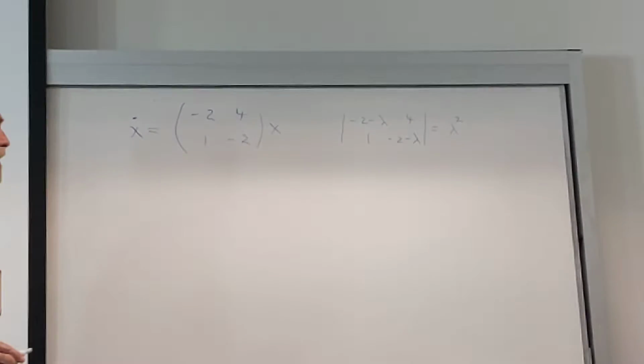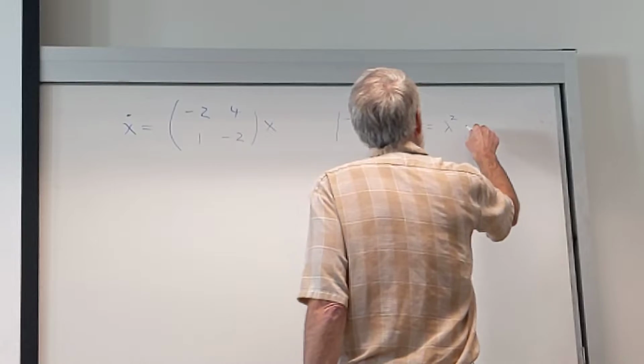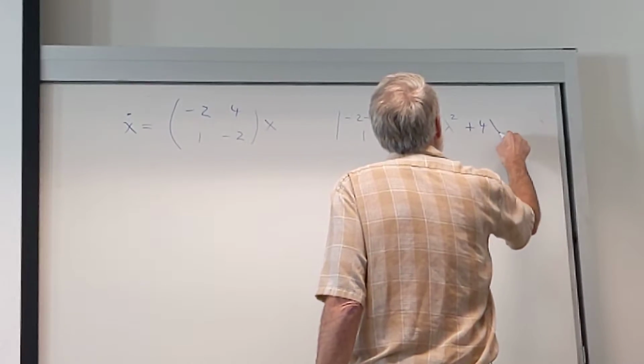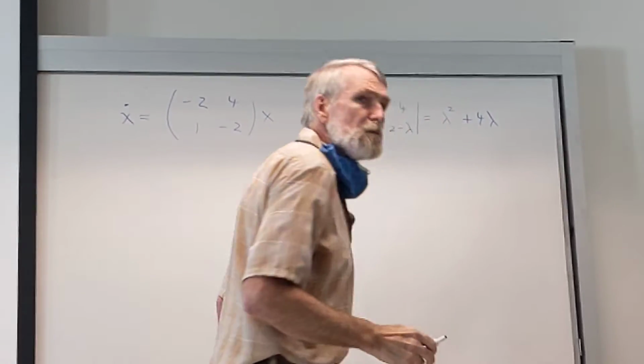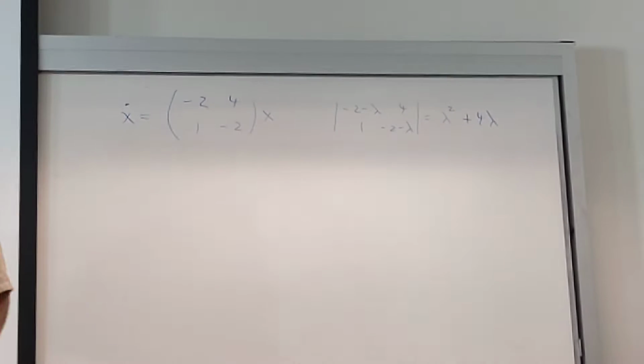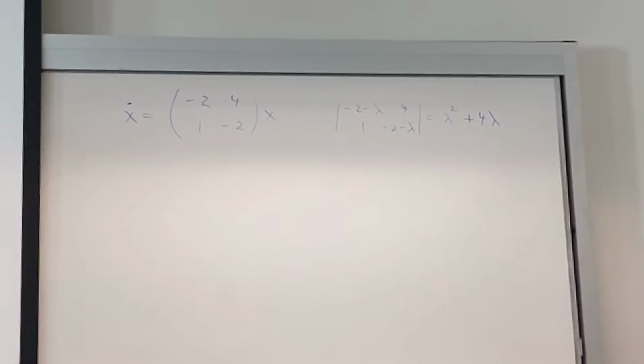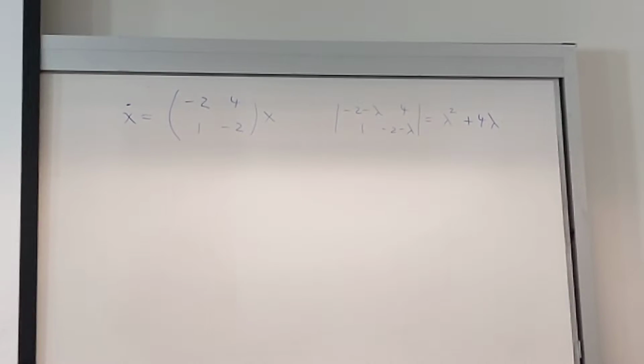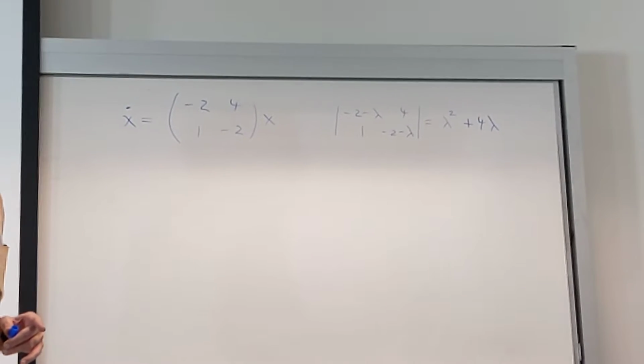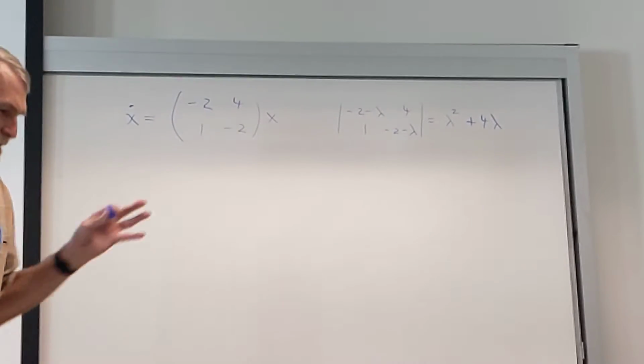Plus 4 lambda, thank you. Again, you'll get better as you get more experience with this. What's the constant term? Plus 4 minus 4, so plus 4 and minus 4 is? 0. 0, good.